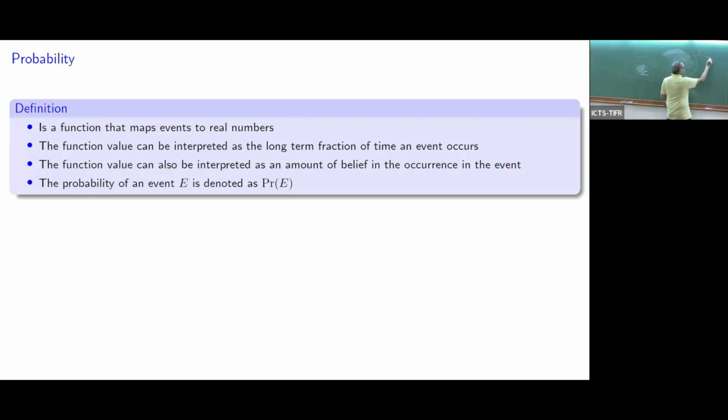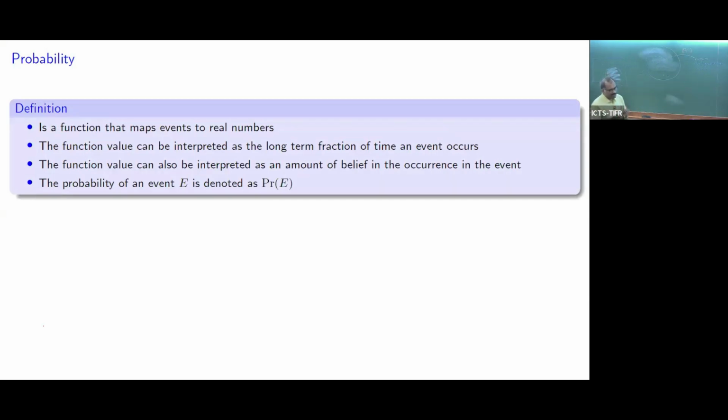So there is some number that quantifies this. So this value that you assign to events is called probability.